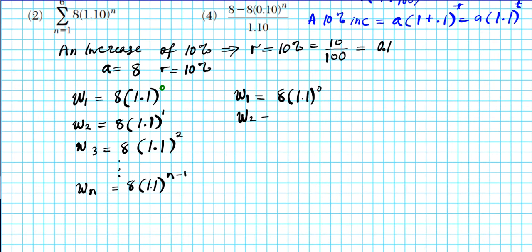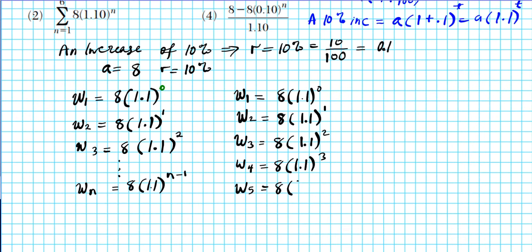Week 2 is 8 times 1.1 to the first power. Week 3 is 8 times 1.1 to the second power. Week 4 is 8 times 1.1 to the third power. Week 5 is 8 times 1.1 to the fourth power. And then week 6 is 8 times 1.1 to the fifth power.